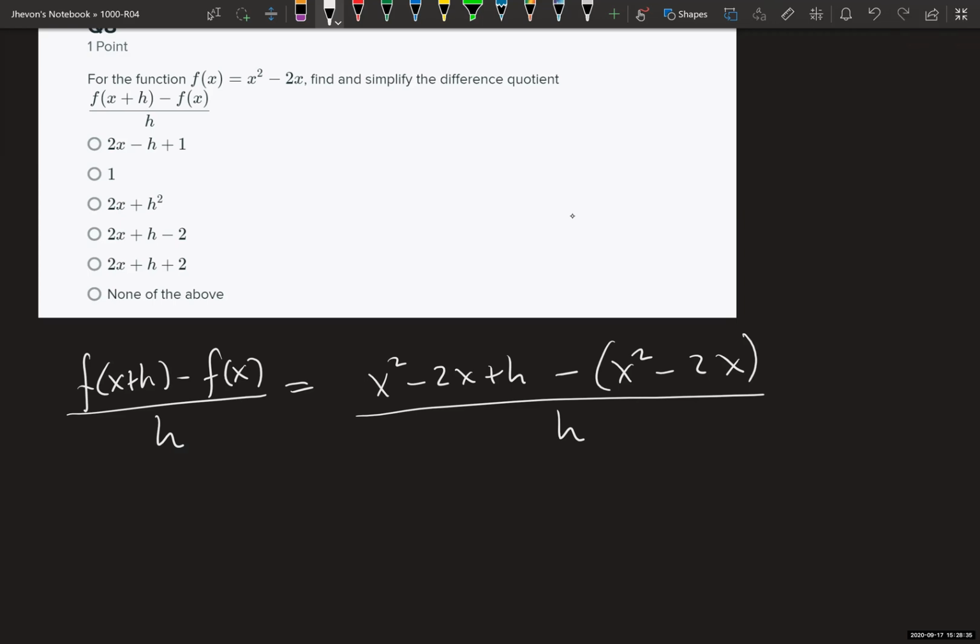It's supposed to be x plus h in parentheses, squared, minus 2x.